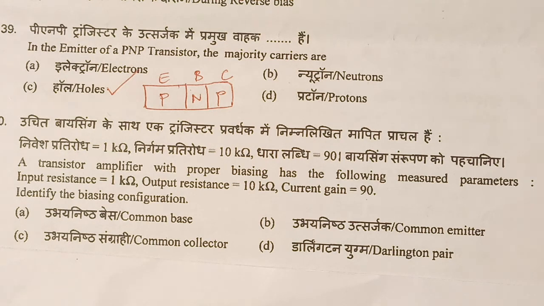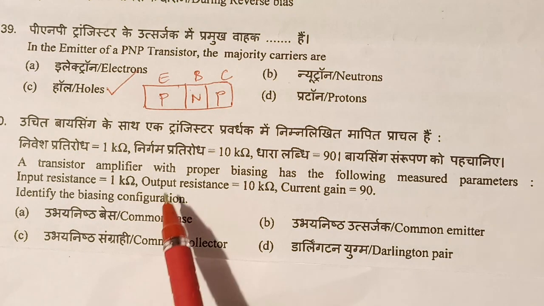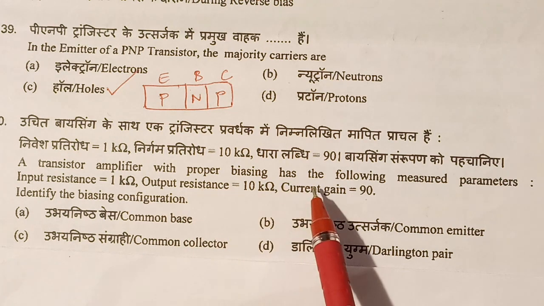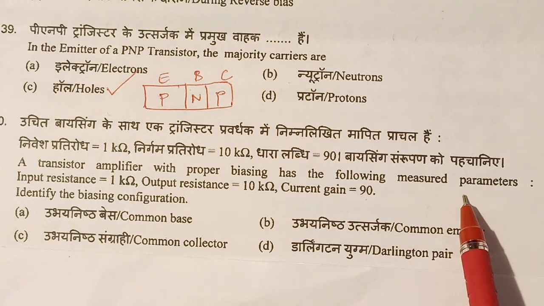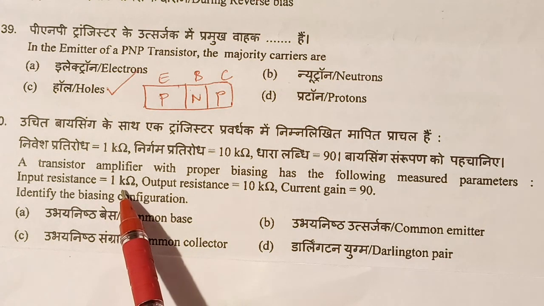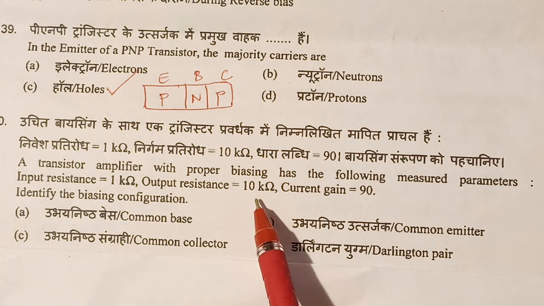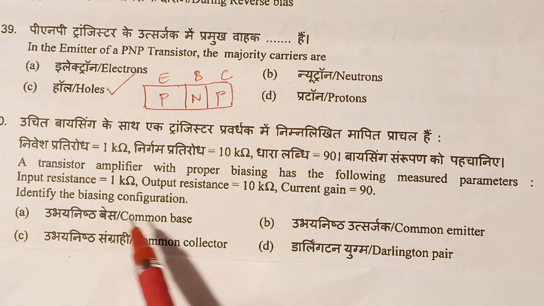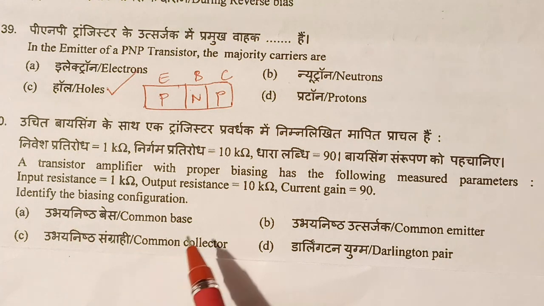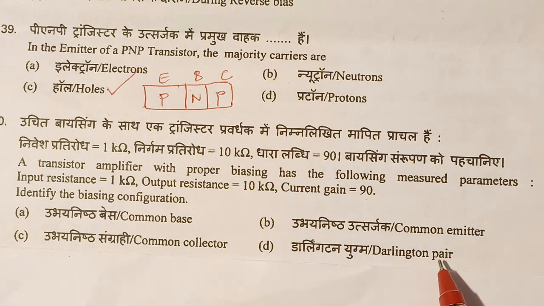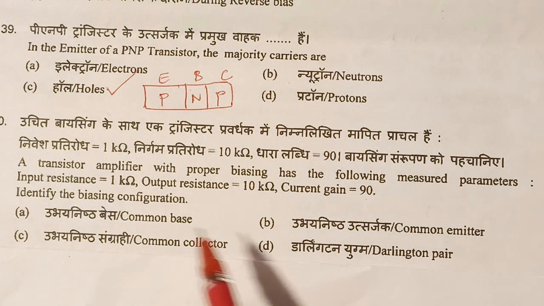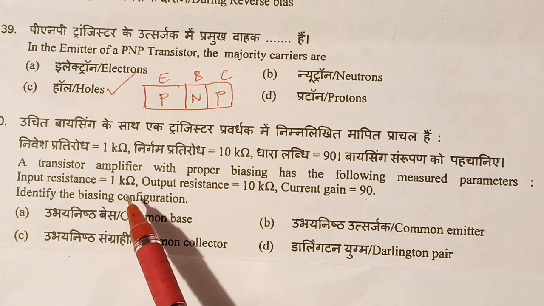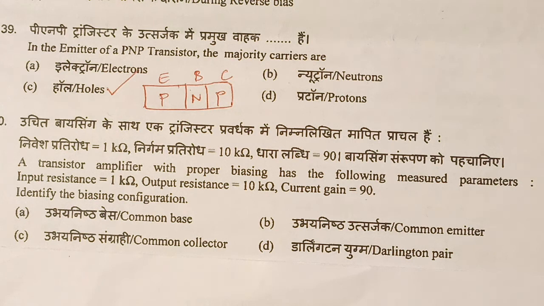Question number 40. A transistor amplifier with proper biasing has the following measured parameters. Input resistance 1 kilo ohm, output resistance 10 kilo ohm, current gain 90. Identify the biasing configuration. Option A, common base, option B, common emitter, option C, common collector, option D, Darlington pair. Input resistance is 1 kilo ohm, not so low, not so high, in between.